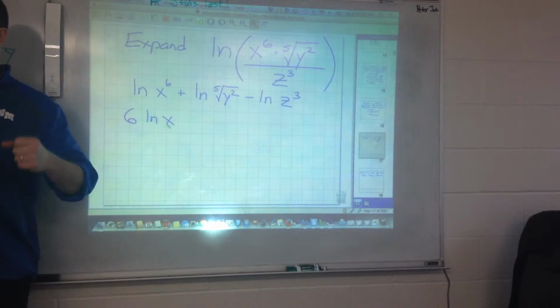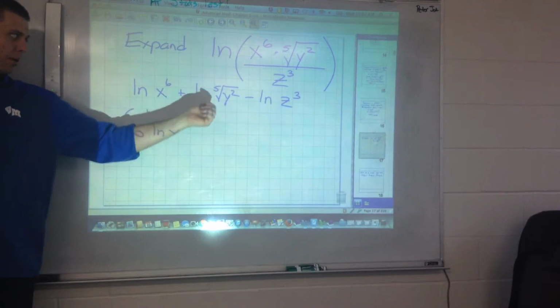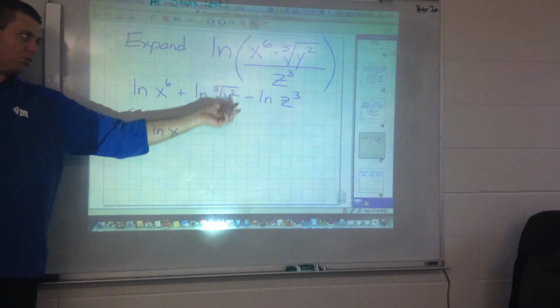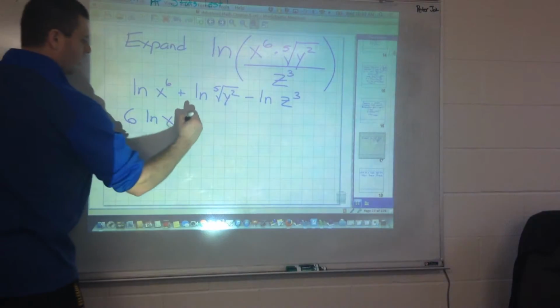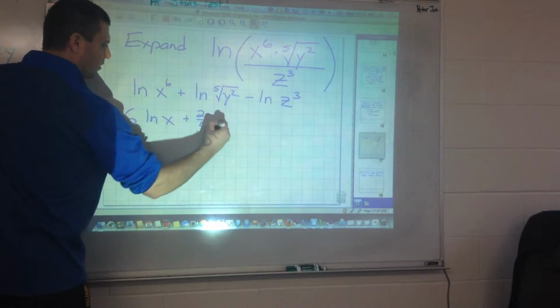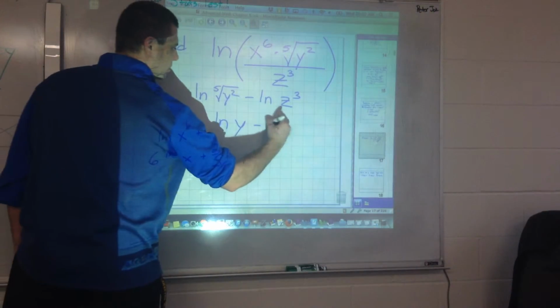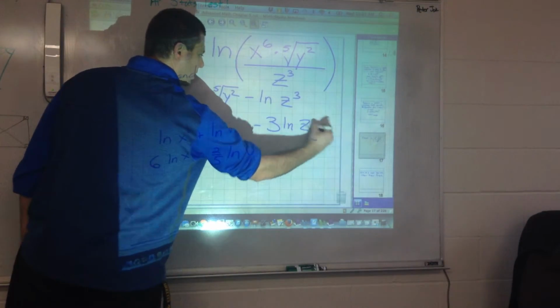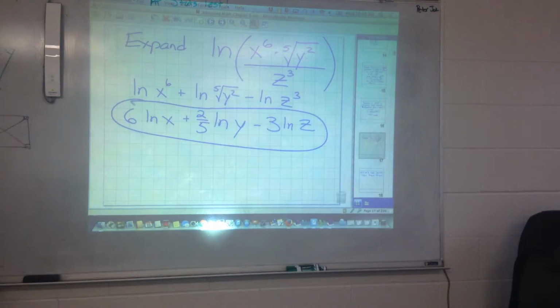So it's like 1/5 to the 2nd, okay? Power raised to a power. So 1/5 times 2, you multiply those powers together, you get 2/5, right? So plus 2/5 natural log y minus 3 natural log z. And that's what I'm looking for there.